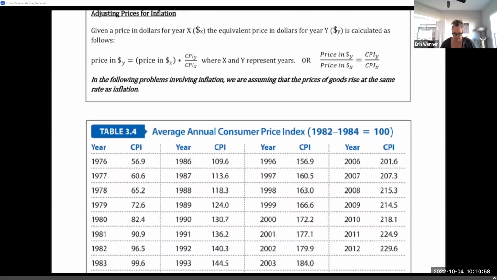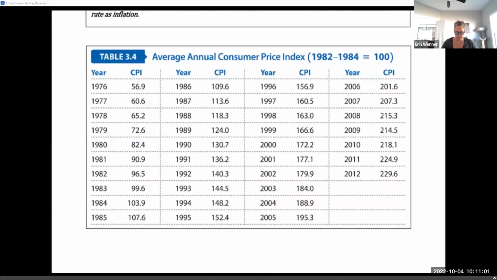So we've got this table here, and we're finding 1990, which has a CPI of 130.7, and we're finding the year 2000, which has a CPI of 172.2. So we're going to plug these values into our formula.